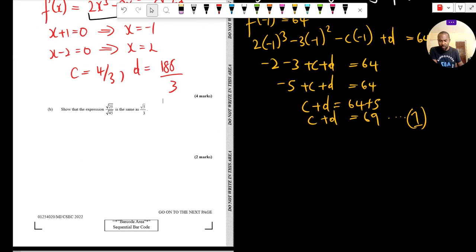So we need to apply our knowledge and the properties of surds to this particular question. All right, so let's recall some of the laws or the properties of surds.